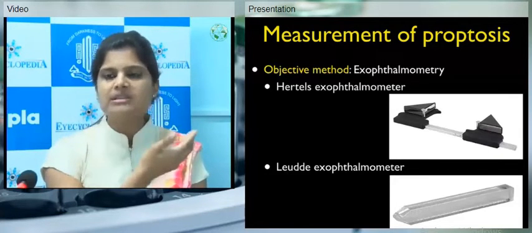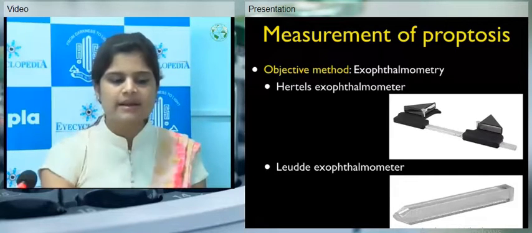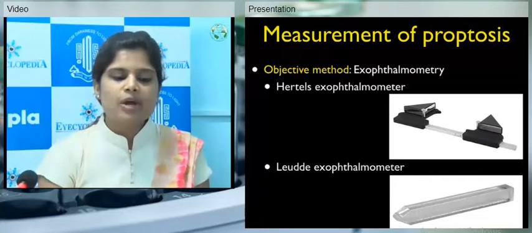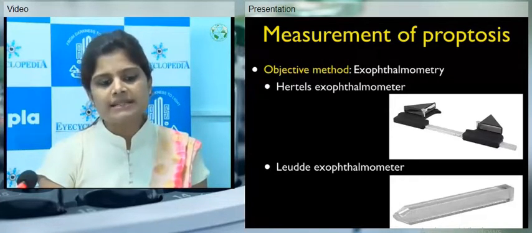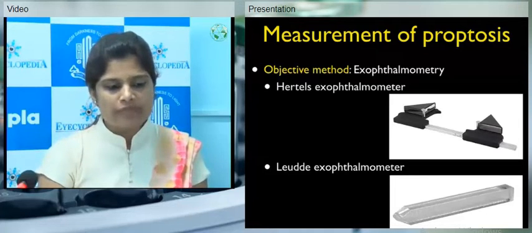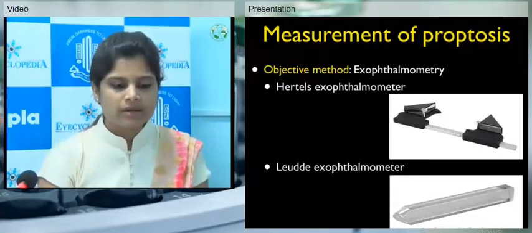That can be repeated on the other side, and you can note the difference between the two eyes. The advantage of Hertel's exophthalmometer is that you can get the reading of both eyes at the same time, but with Luedde's exophthalmometer you can measure only one eye at a time.